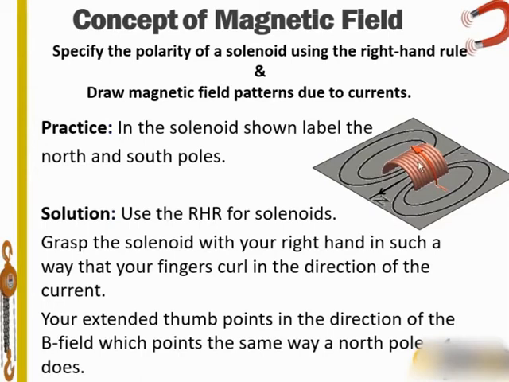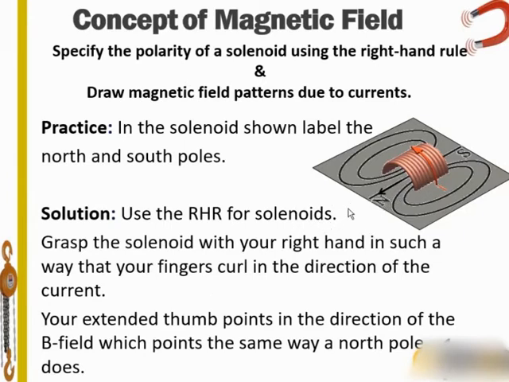In terms of being able to do this, remember the solution to identify the north or the south pole is to grasp the solenoid with your right hand in such a way that your fingers curl in the direction of the current. Once you've done that, your extended thumb points in the direction of the magnetic field, or the B field. And it points the same way as a north pole would.